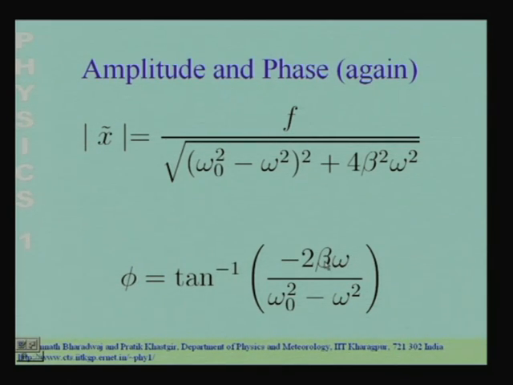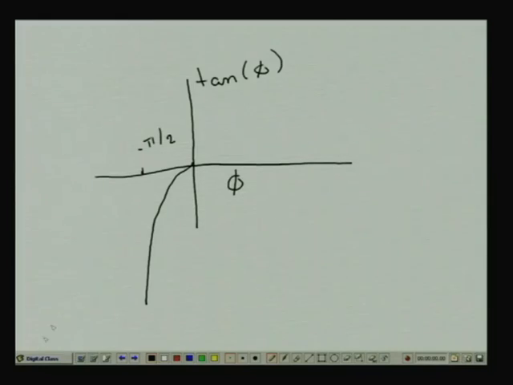So, when you cross omega equal to omega naught, you effectively start from here and then you go all the way to a phase of minus pi. At a phase of minus pi, tan of phi is 0.